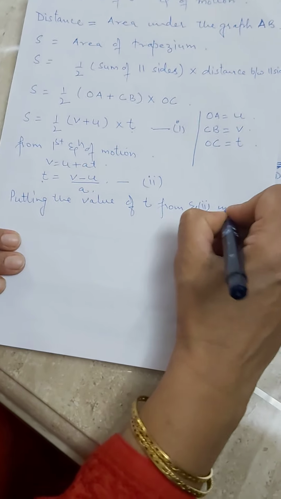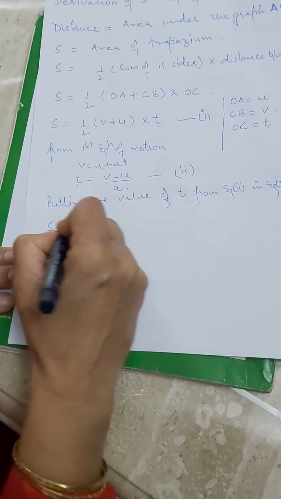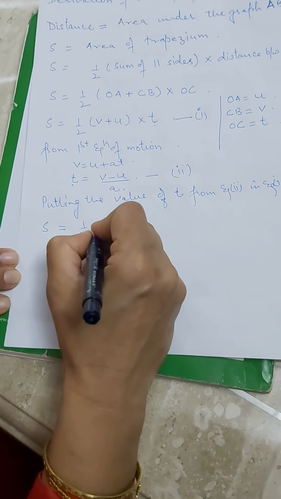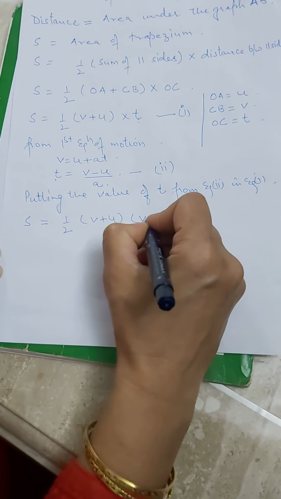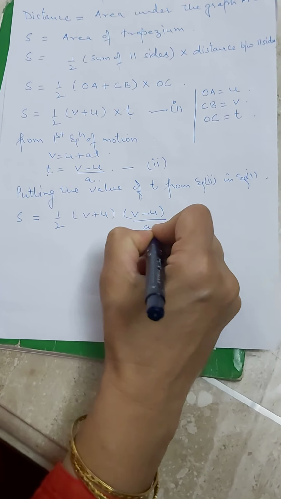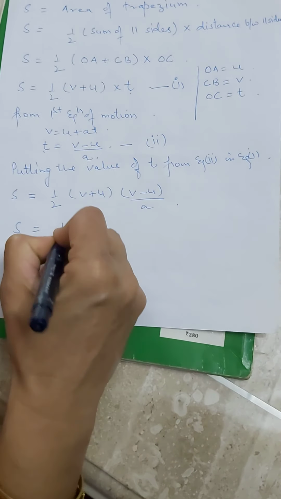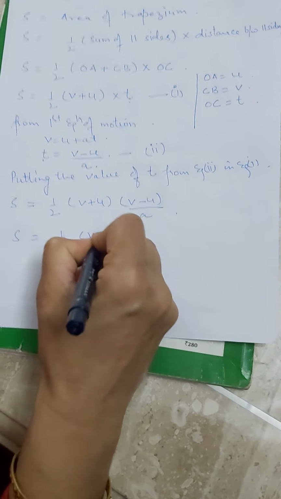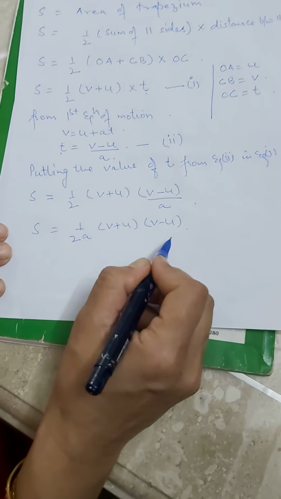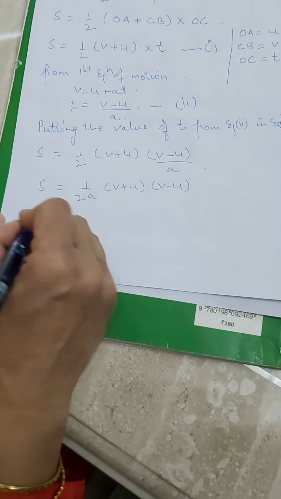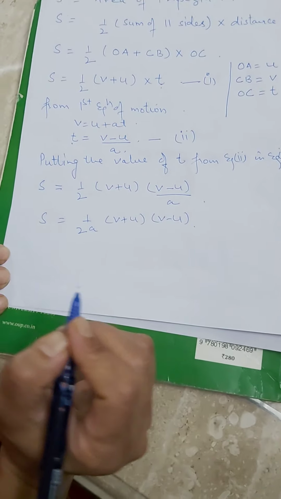in equation 1, we will get S is equal to half V plus U into V minus U by A. So can we write it like S is equal to 1 by 2A V plus U into V minus U. This is A plus B into A minus B, it is A square minus B square.